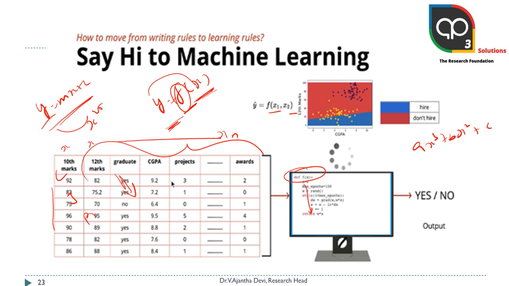Now the question is, how do you define this function? You can try any arbitrary functions, so what is a good set of functions? In the simple case of a line it is very easy to find the parameters, with just m and c.